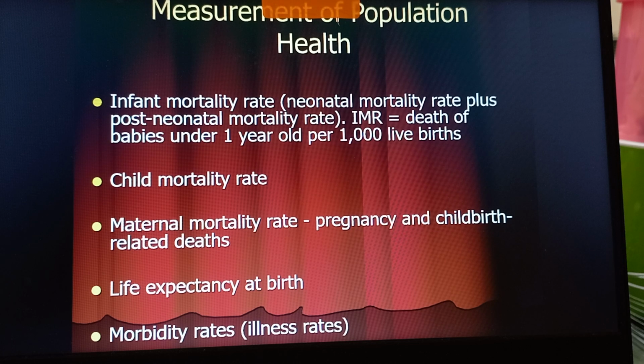So neonatal plus post-neonatal mortality rate. What is the child mortality rate? What is the maternal mortality rate? Meaning pregnancy and childbirth related deaths. What is the life expectancy at birth? And what are the morbidity rates for various diseases, sickness rates?